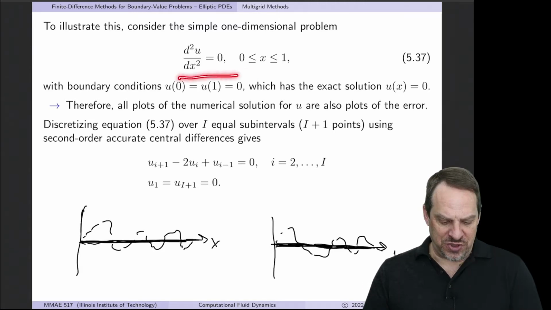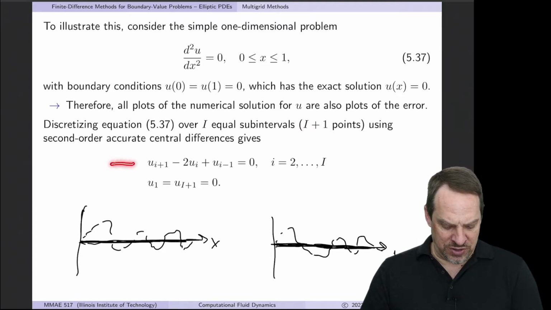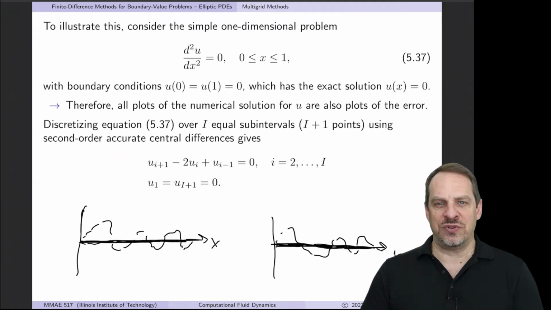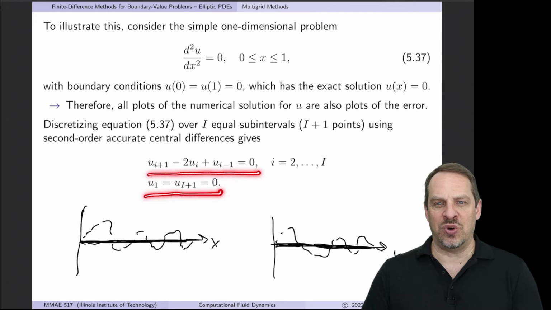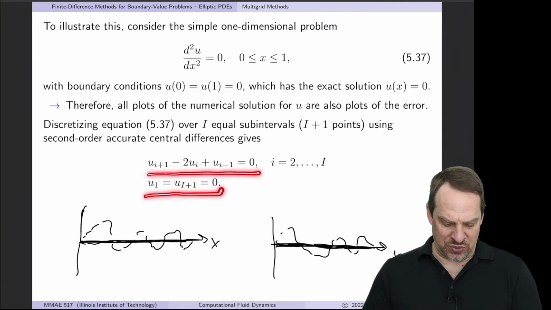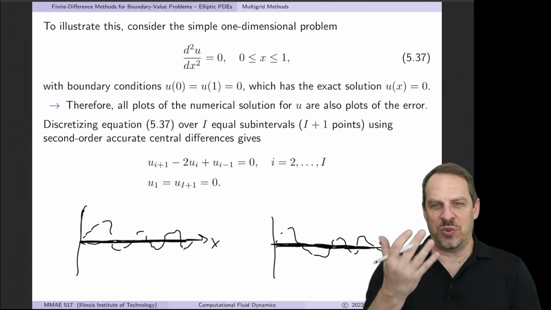So the difference between our numerical solution and the exact solution is the error. So we're going to take this simple one-dimensional problem, we'll subdivide it into capital I equal subintervals, so capital I plus 1 points, as we normally do. And here we're using a second order accurate central difference approximation for the difference equation, and then applying the Dirichlet boundary conditions at u1 and u capital I plus 1. And so we're going to solve this for a particular value of capital I. What we're doing here is backwards from what we normally do.